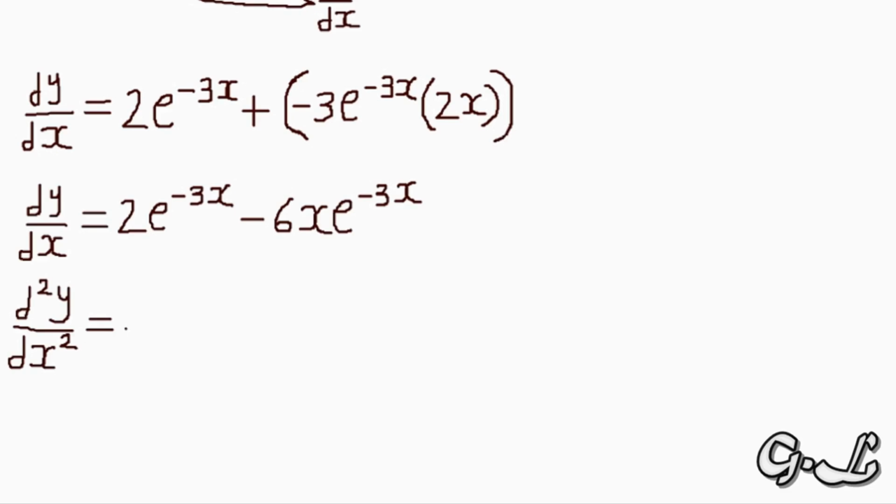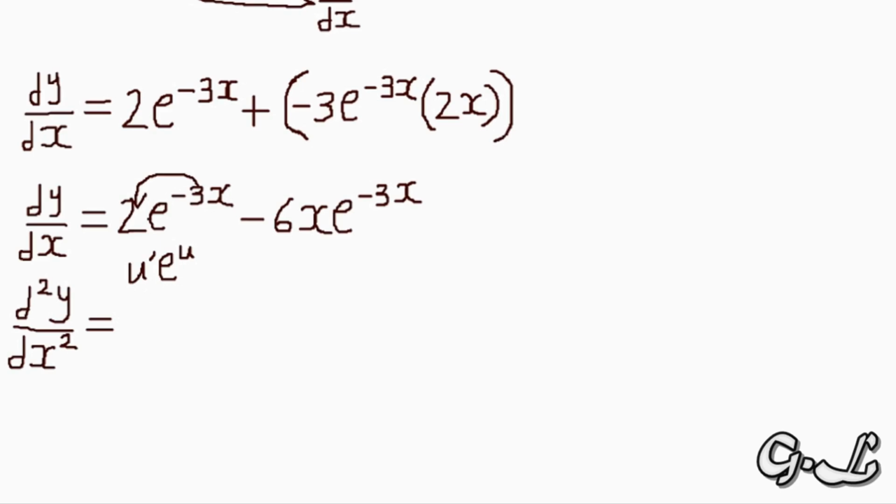How are we going to differentiate that expression? You have to consider again that we said it is u prime and then e to the u. What is going to happen is that we have to differentiate our u, which is negative 3x.